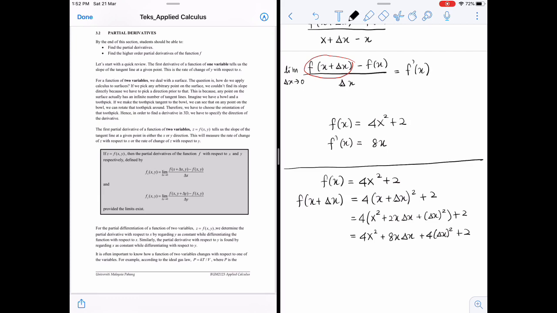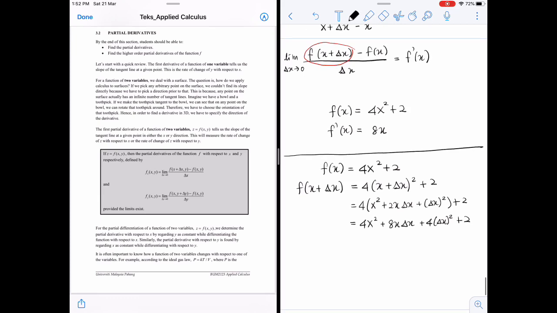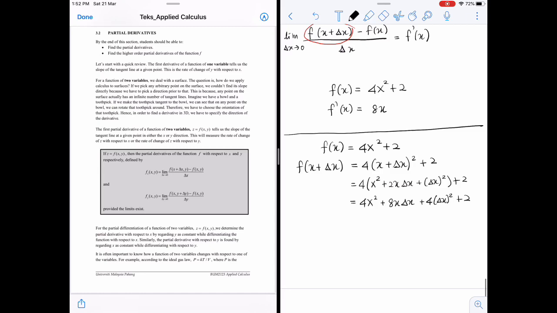Now, let's substitute this into the formula of the first principle. We will have the limit as delta x approaches 0 of f(x plus delta x), which is 4x squared plus 8x delta x plus 4 times delta x squared plus 2, minus f(x), so our f(x) is 4x squared plus 2, divided by delta x.